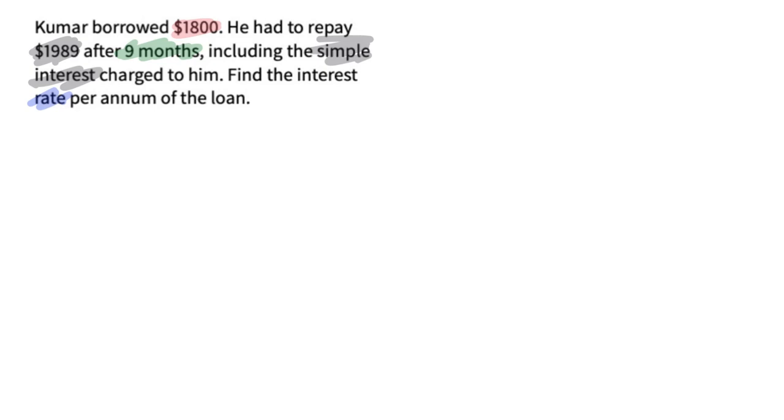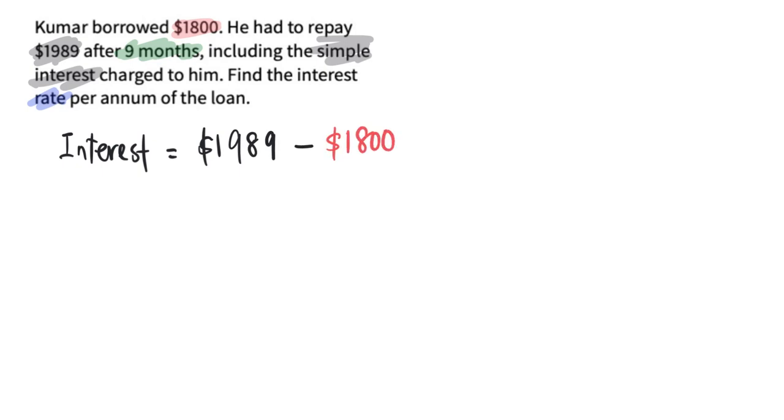For this question, we could actually find out how much interest he has to pay, because we have at first 1,800, after that is 1,989. I'm going to minus the original amount, so this will give me 189.